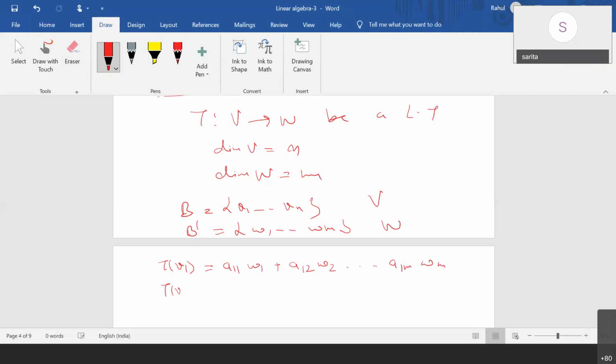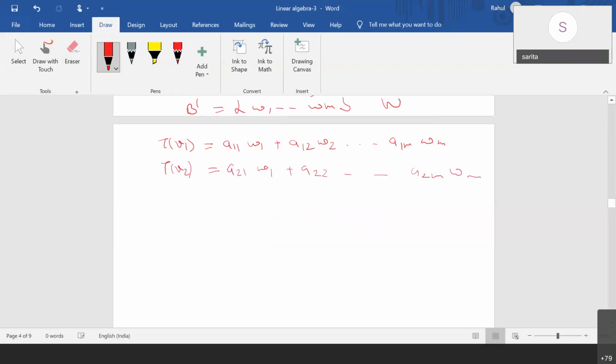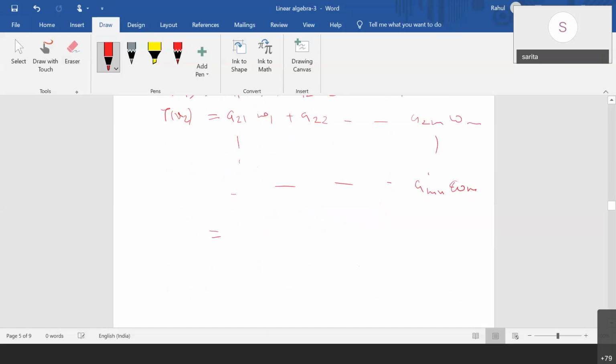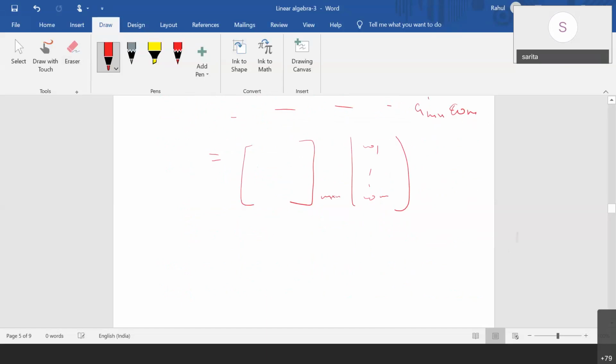Then again, TV2 can be written as a linear combination of these, and therefore it actually makes a matrix which is an m cross n matrix. When we were doing this earlier, TV1 can be written in matrix form with these basis vectors, where these aij's belong to the field, and i is 1 to n and j is 1 to m.